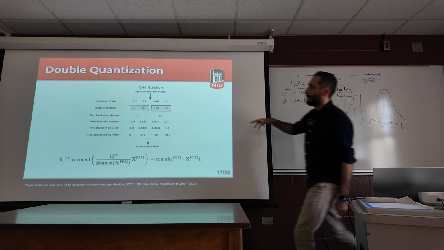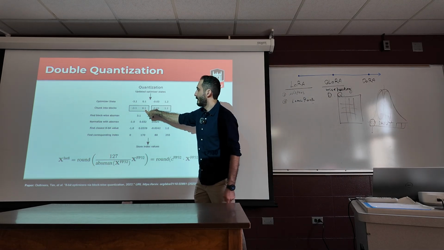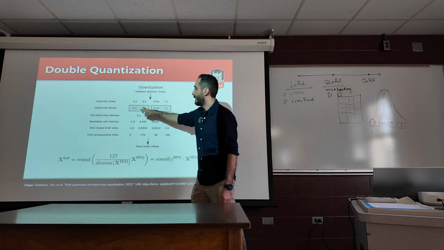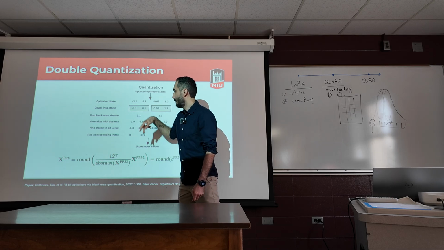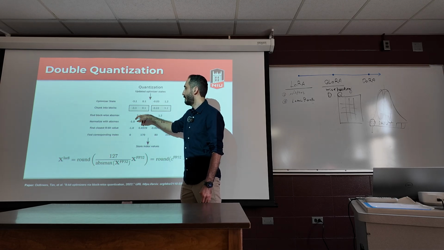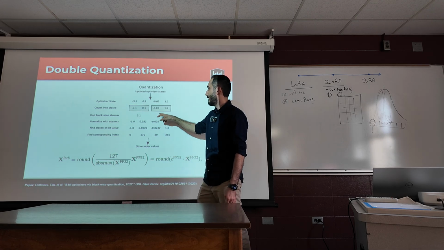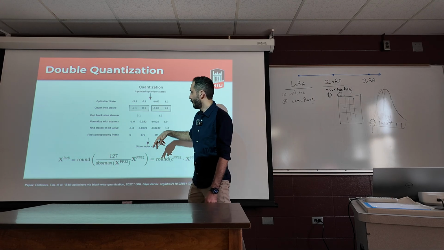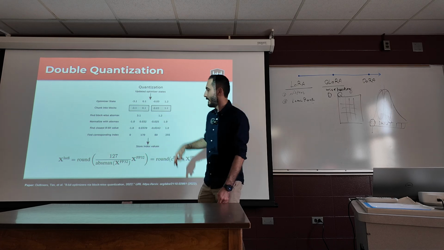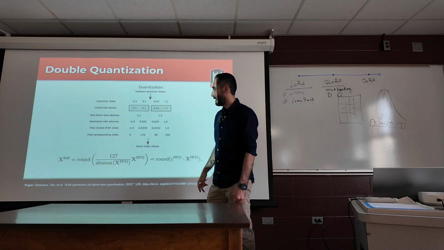For example, here we have these 4 numbers. They create the first chunk and then do block-wise normalization, because the maximum value here is 3.1 and here is 1.2. Then do the normalization, then apply the quantization in this area.